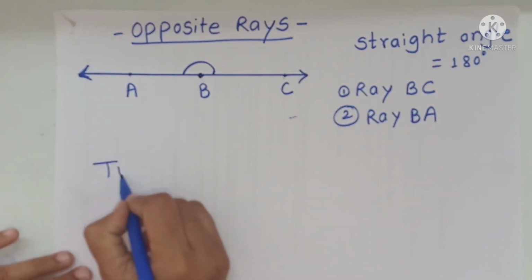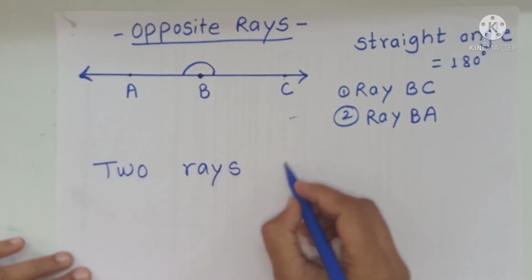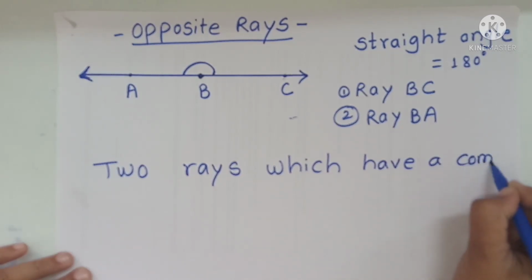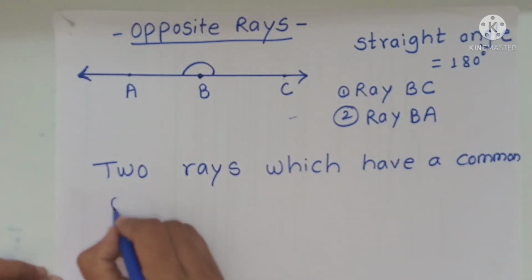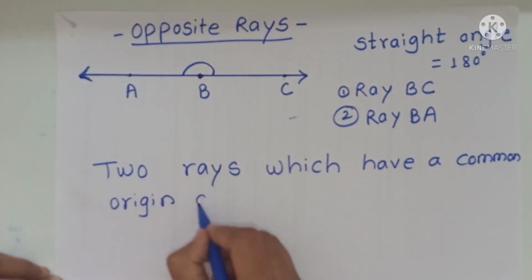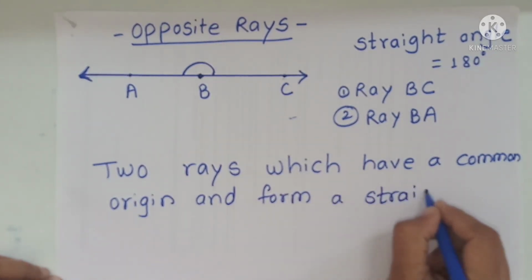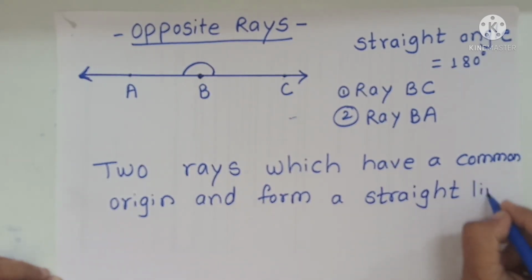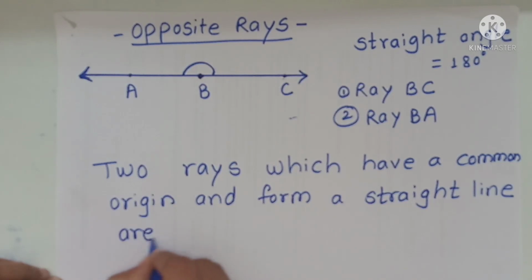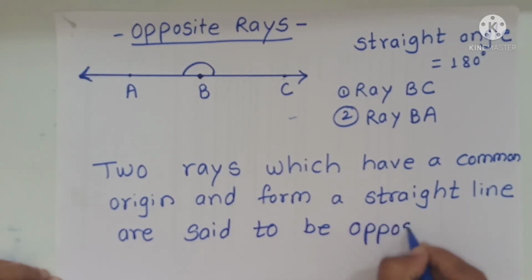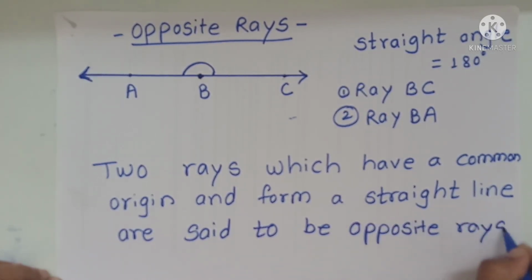Two rays which have a common origin and form a straight line are said to be opposite rays.